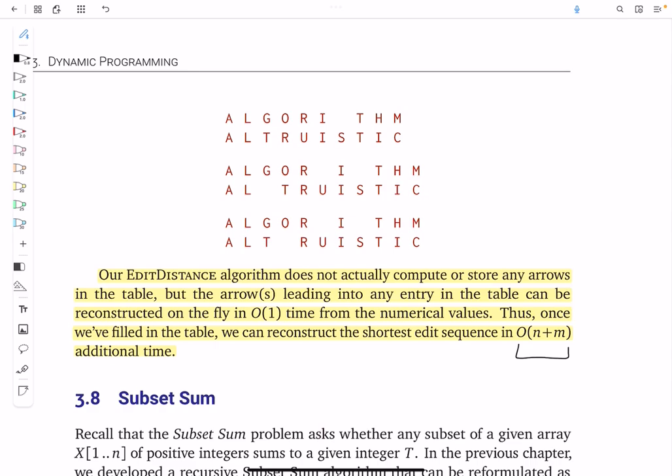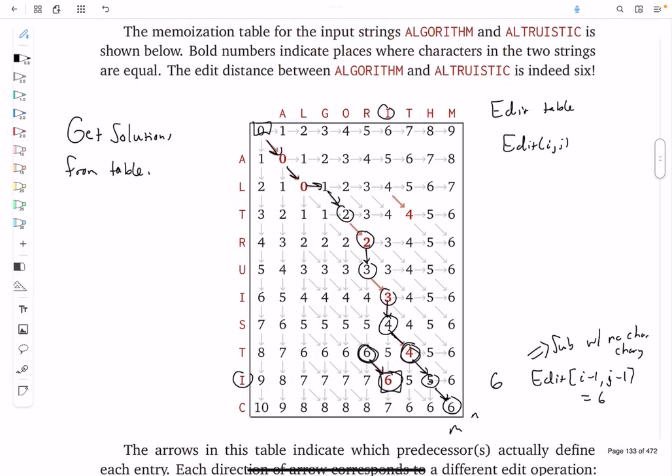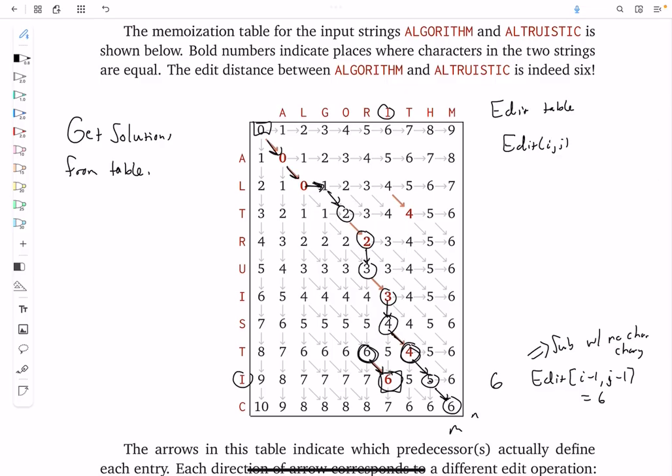We know which subproblem generated it, so we go up the table correspondingly. So for example here, this arrow indicates that we, I believe, inserted something, and so we would go to the i minus 1, j case to continue up. And then we keep tracing up and following until we eventually hit the base case 0, 0. And that gives the full solution.